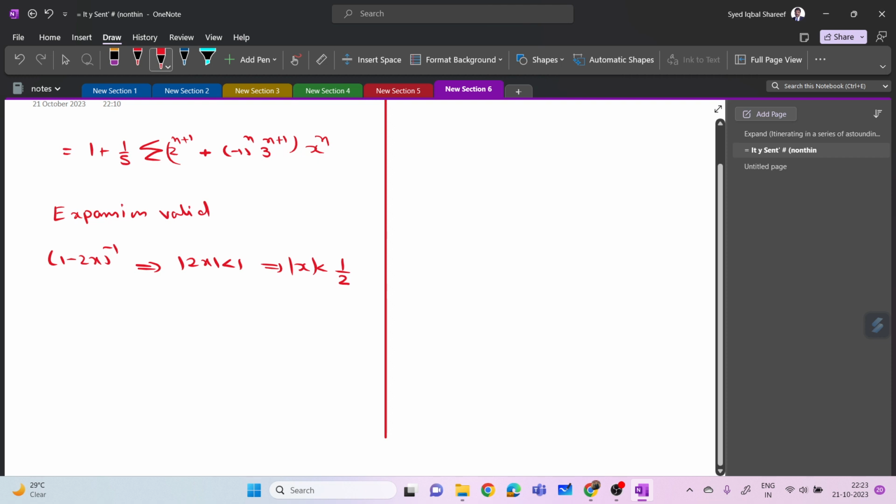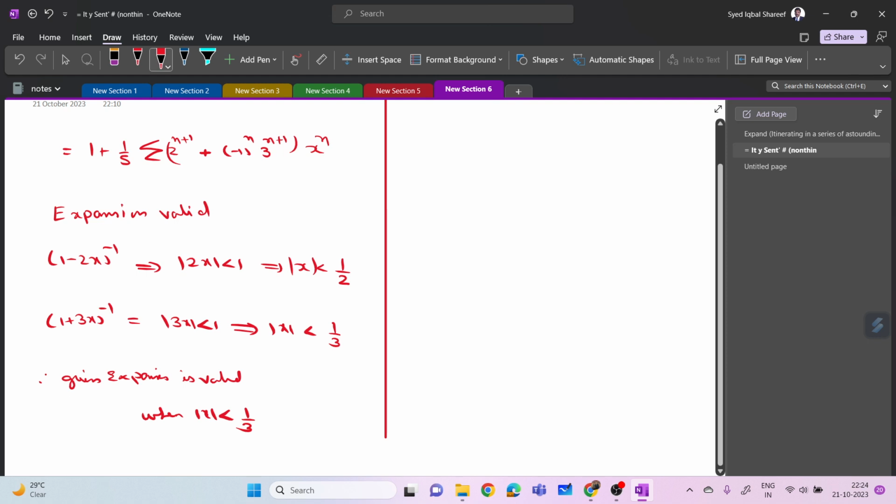And another expansion is 1 plus 3x to the power of minus 1, where mod of 3x is less than 1. This implies mod x is less than 1 by 3. So therefore, the given expansion is valid when mod of x is less than 1 by 3.